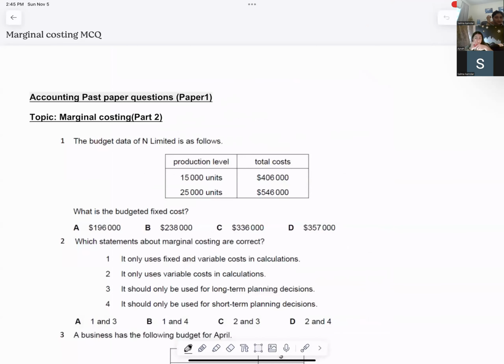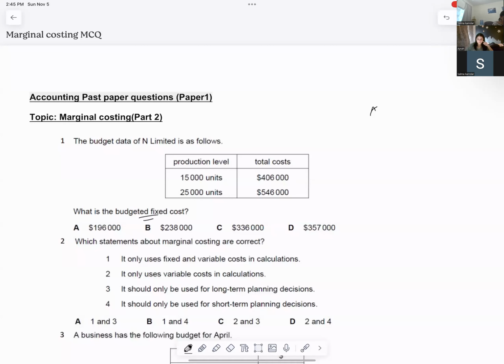So you have a budgeted data of N Limited. Can you please read what it is telling? Production level 15,000 units and 25,000 units. The total cost is 4,06,000 and 5,46,000. And they're asking what is the budgeted fixed cost.